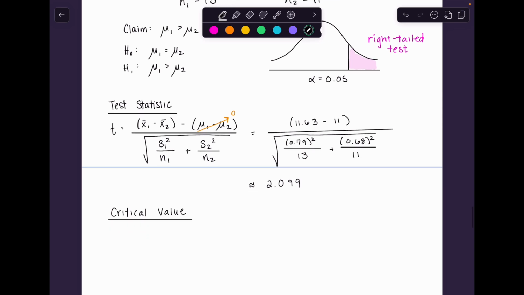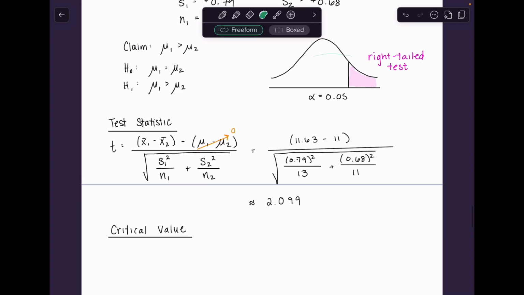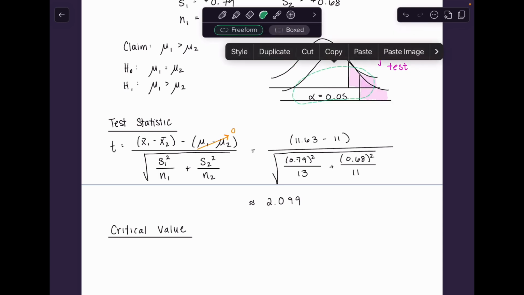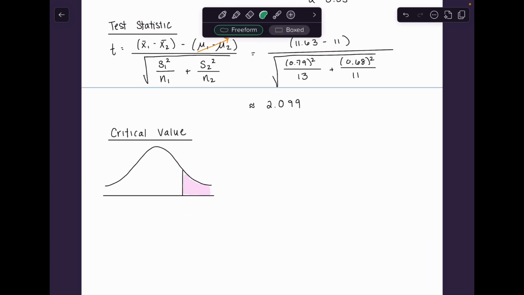Okay. So I want to find my critical value now, so I can find that rejection region. So here, if I go ahead and kind of just copy my image for my type of test, I need to figure out what is this value down here, t. In order to do that, I need to find my degrees of freedom. So for Burger Stop, that sample size is 13. So my degrees of freedom is 1 less, which is 12.